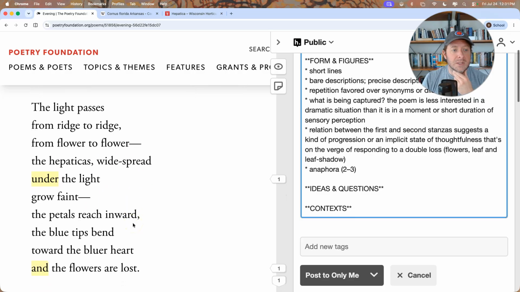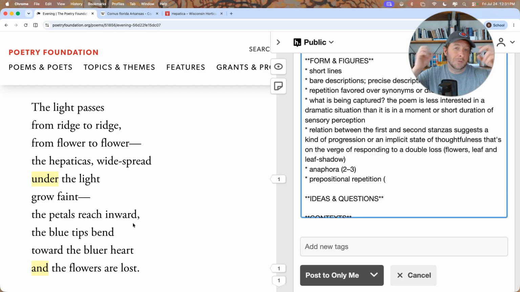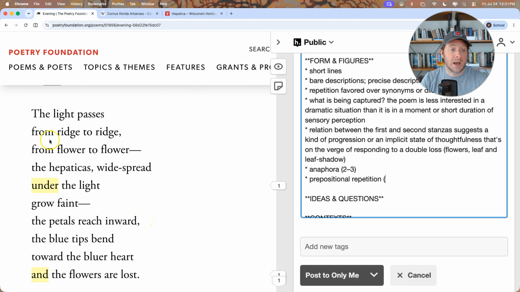You have a similar prepositional repetition as well. So from ridge to ridge, those lines begin with the preposition from. If we zoom out and don't just look for from, but look at other prepositions, we see how the poem also does that.